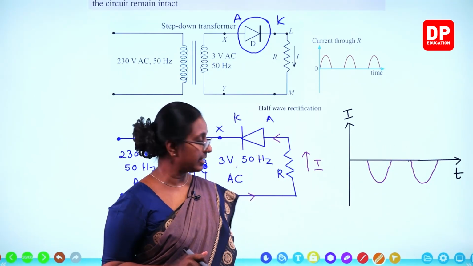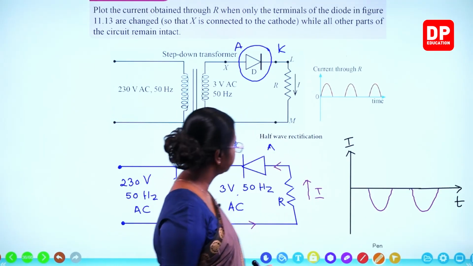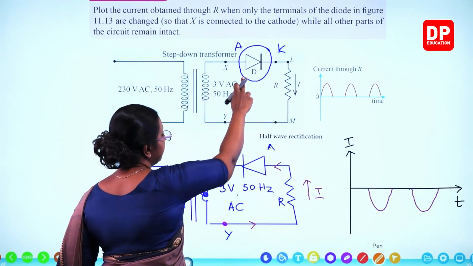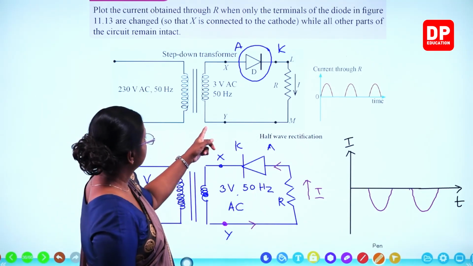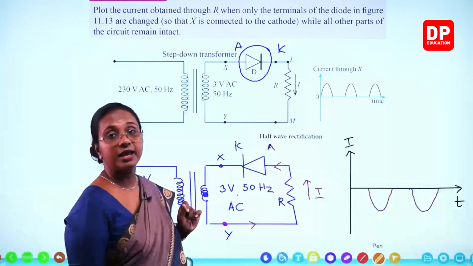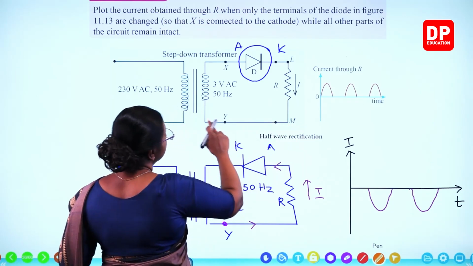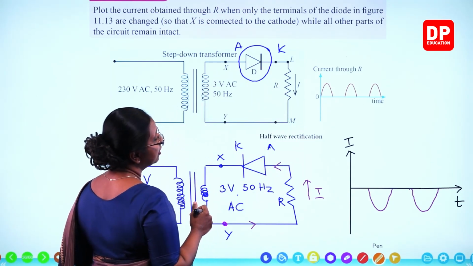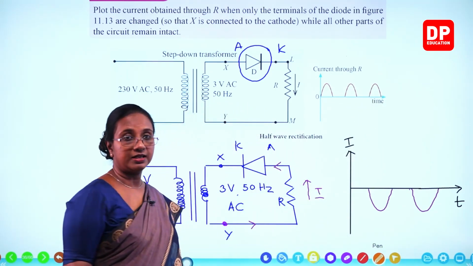Can you all understand that? So the same circuit, only difference is the way the diode is connected varies. So in this first one, we have the diode where X is connected to anode and Y is connected towards the cathode. So the current flows in this direction. So that is the positive half cycle of the current.